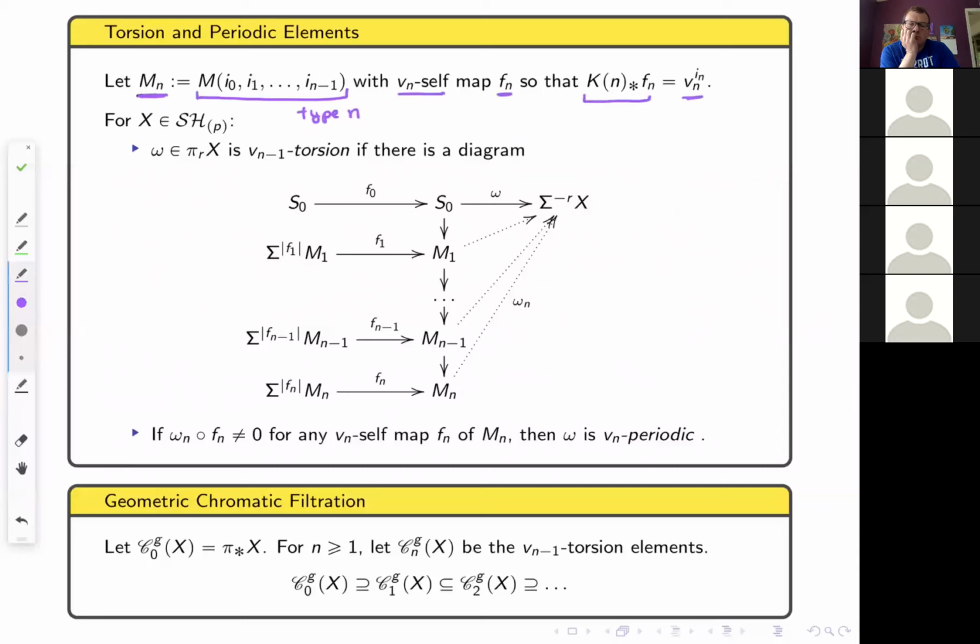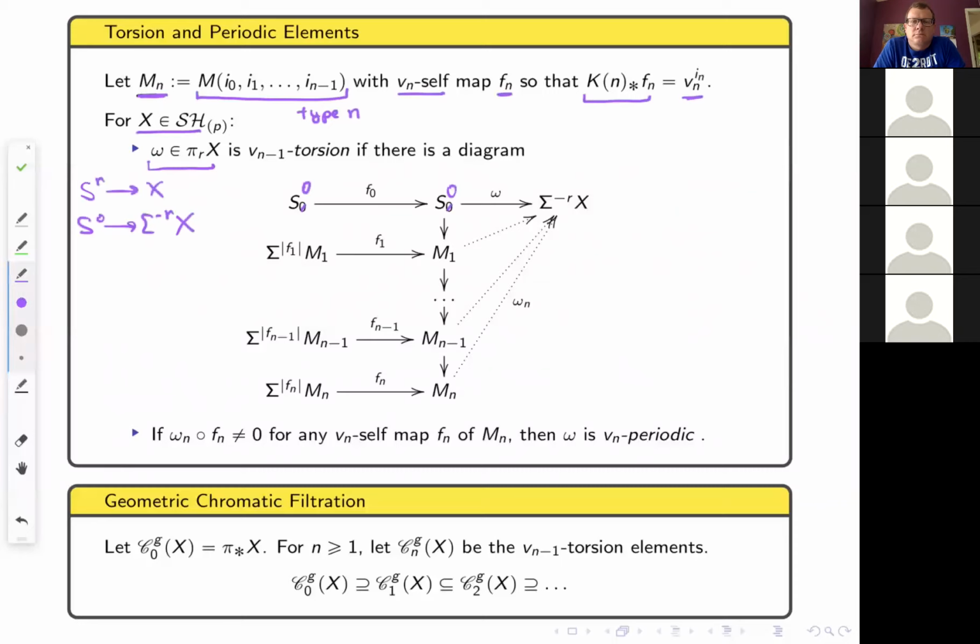So now suppose I have a P local spectrum and I have an element in its homotopy groups, okay? So that's a map from S^R to X, which I'm also going to think of as a map from S0 to sigma^-R of X. And I just realized my notes are on there wrong.